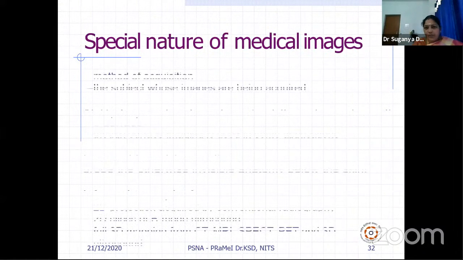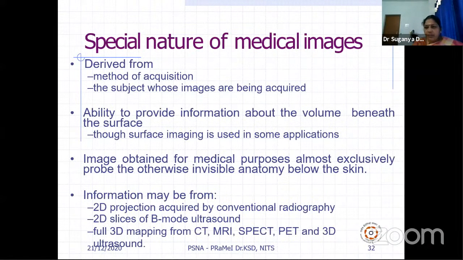And the special nature of medical images is that it is derived from the method of acquisition. Say for example, CT images will have a similar pattern, white and gray matter, and in MRI also, but it will be the opposite: the soft tissues we cannot see in CT, and in MRI we can see the soft tissues as gray matter. In CT you will see it as white, black matter, the white opaque.